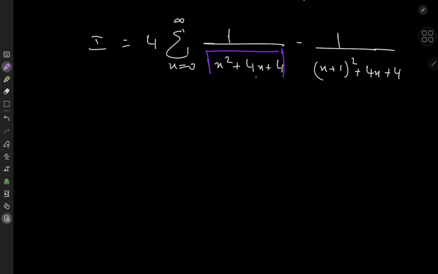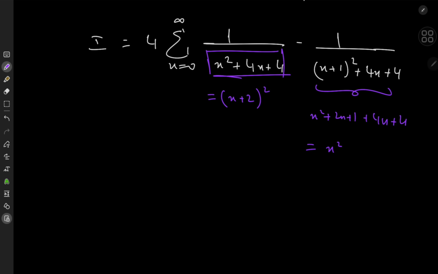For this thing here, we see that this is just n plus 2 whole thing squared, and that'll come in handy because we have the sum over n from 0 to infinity, so immediately we think of the Basel identity. And what about this bad boy here? This is n squared plus 2n plus 1 plus 4n plus 4, which is n squared plus 6n plus 5, which can be easily factorized as n plus 5 times n plus 1.